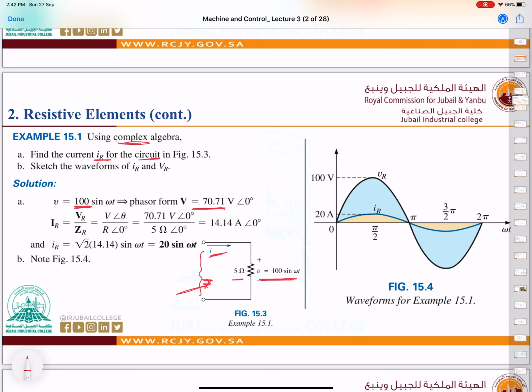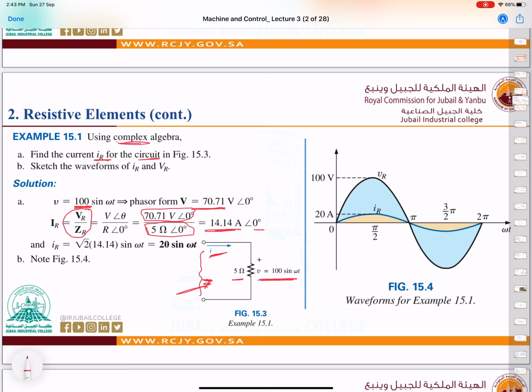So divide by root 2 and you will find the voltage magnitude is 70.71 and the angle is 0. If we apply Ohm's law here, the voltage 70.71 with angle 0 divided by the 5 ohm resistor with angle 0 gives 14.14 amperes with angle 0, okay.